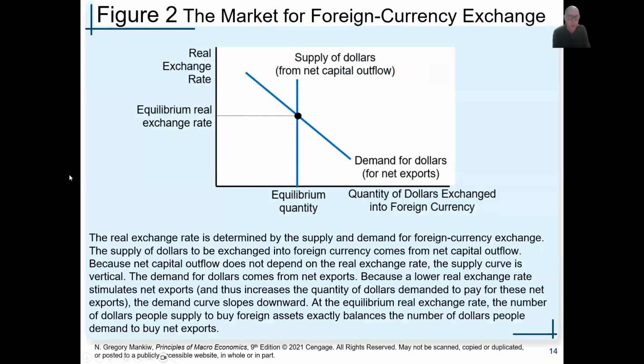So here we see the market for foreign currency. We have the real exchange rate on the y-axis. On the x-axis, we have the quantity supplied being exchanged into foreign currency, where the quantity and the demand meet is the point of equilibrium, which is identified as the real exchange rate.